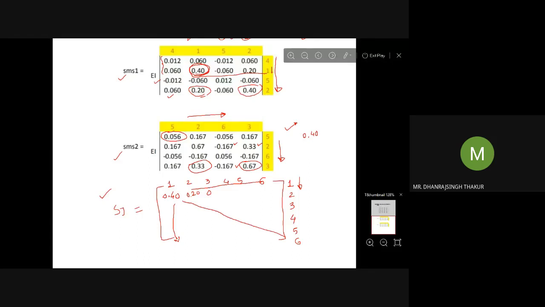And after assembling this matrix, we are separating this matrix into 4 matrices. As the degree of freedom of this structure is 3, we are separating it after 3 in the vertical direction as well as in the horizontal direction. जितनी degree of freedom है, after that you have to separate it.